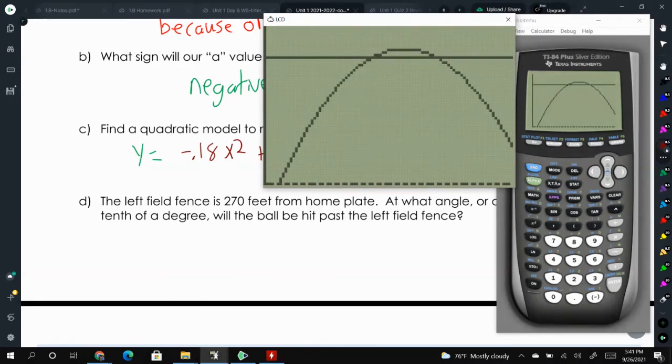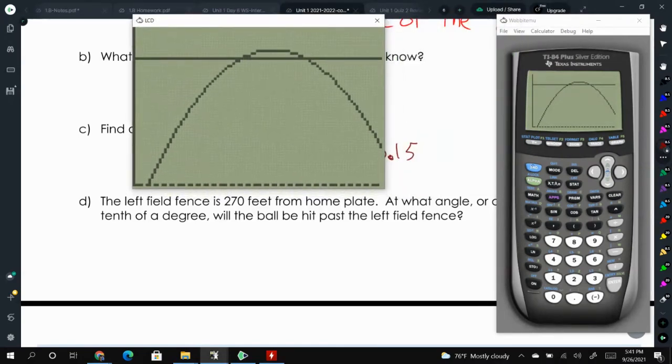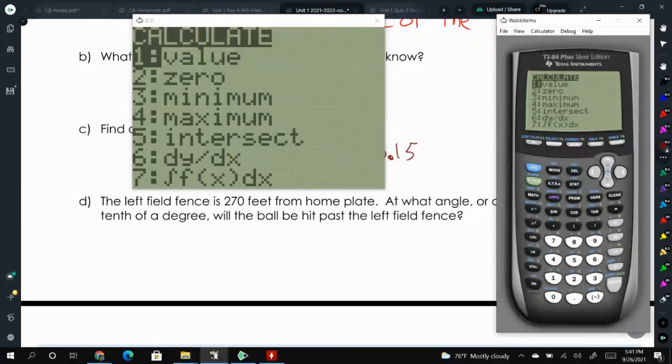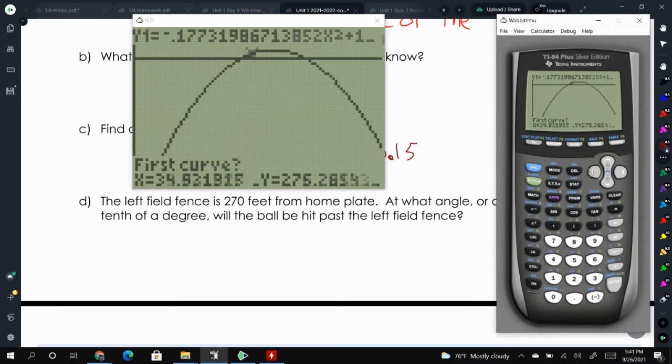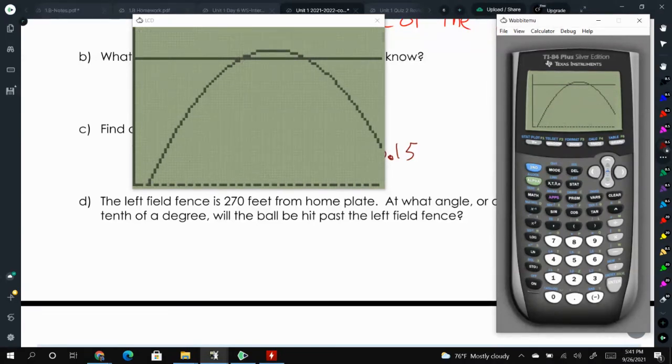We have two intersection points here. I'm going to do second trace, go down to intersect, and you want to move the cursor close to the intersection point and click 3 times. And this is saying that when x is 32.92, the y value will be 270.